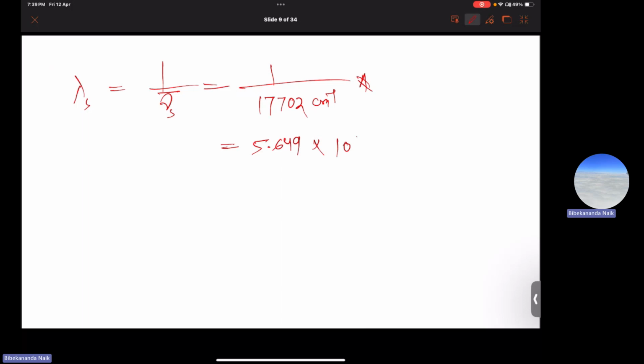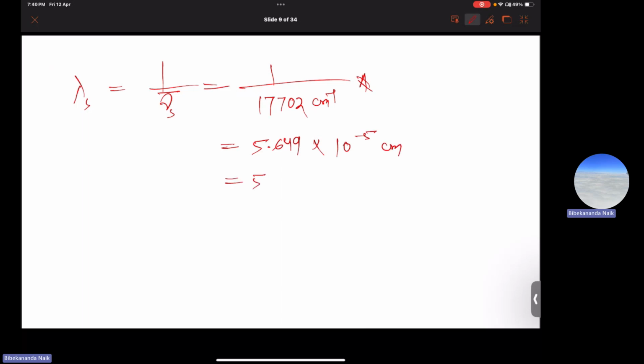Now, to convert it into wavelength, the wavelength of the Stokes line is 1 by 17,702 centimeter inverse. It will give you 5.649 into 10 to the power minus 5 centimeter.